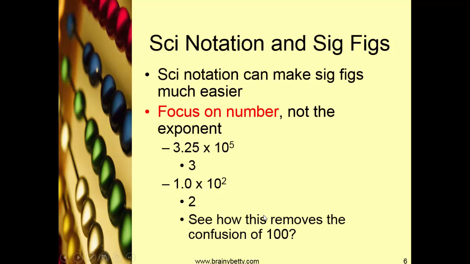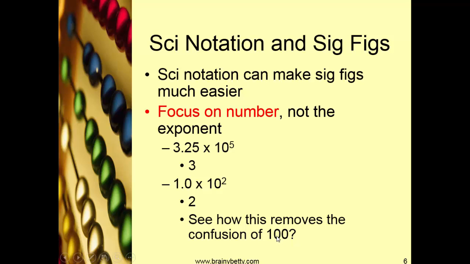This does remove the confusion of 100 just a little bit more. We've talked about this in class, but if you're trying to measure something that's exactly 100, these zeros at the end, just written the way it is, they don't indicate how much precision you had on that piece of equipment.